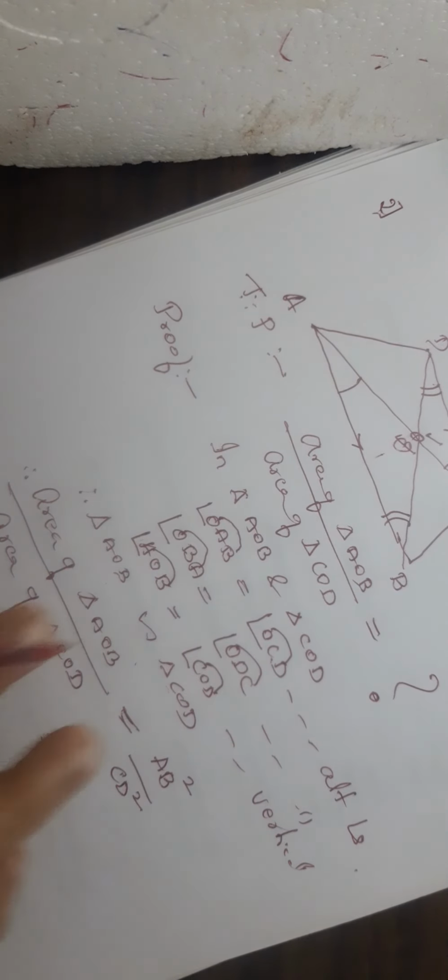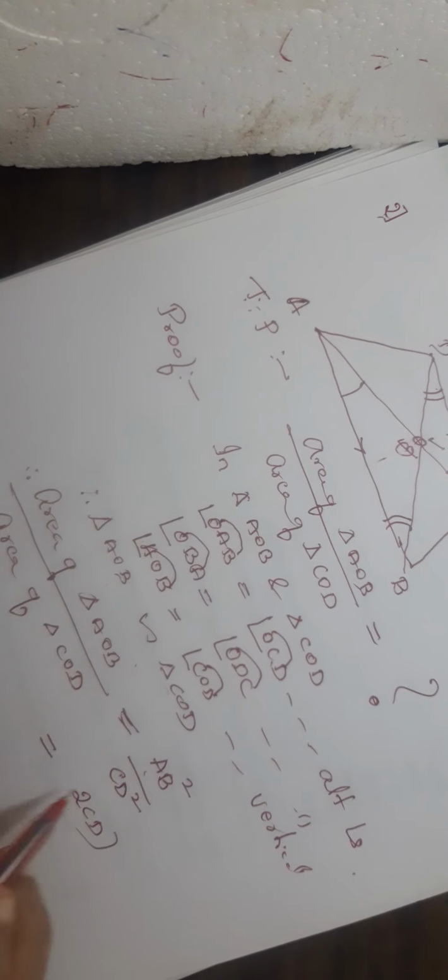Now, this is equal to, see what I do. I want the ratio of the areas of these two triangles. Now, how will I get it, you just see now. AB is 2CD, they have given us here. So, instead of AB, I'll write 2CD the whole squared by CD squared, I'll keep as it is.